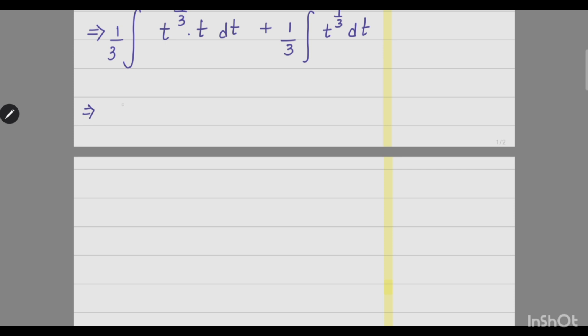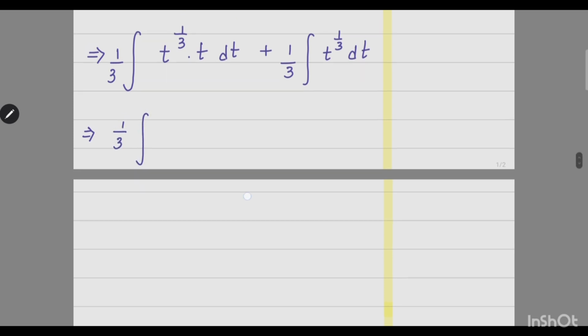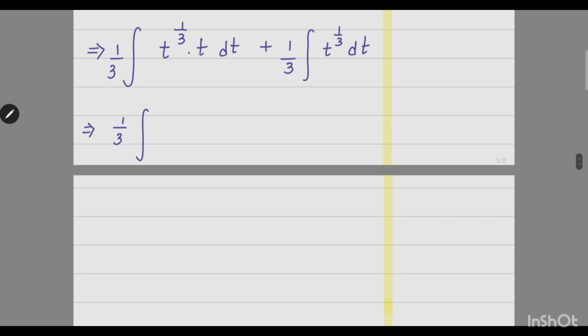Now this implies 1 by 3 into integral of, here we have t to the power 1 by 3 into t. When we have the same base, the exponents can be added, right? Product of the same base. So we will write this as a to the power m plus n.